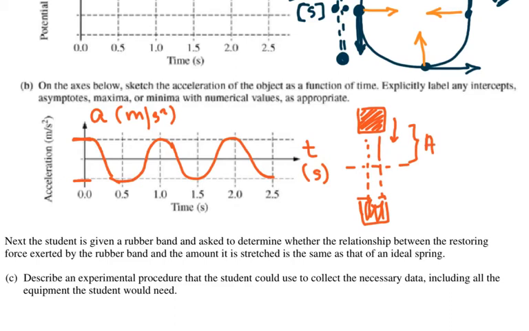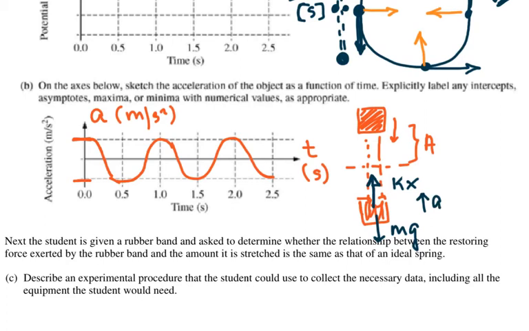So the forces acting on the object here would be, on the bottom, kx, the force of the spring, and mg, and there will be acceleration at this point, and I'm going to calculate that acceleration.